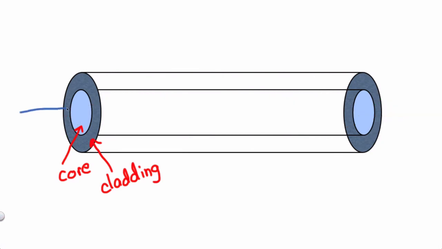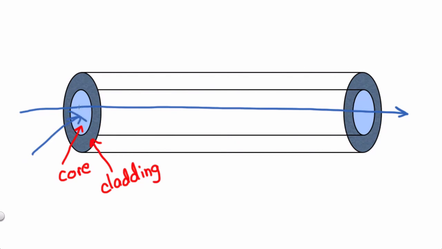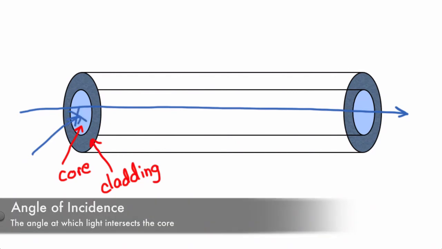In that case, our mode of propagation could only go down the middle of the core. The diameter is not large enough to allow light to enter at another angle. That's not going to work. A larger angle of incidence, as it's called, is not going to be supported. Because the diameter is so small, we only have 1 mode, only 1 path that the light can take.